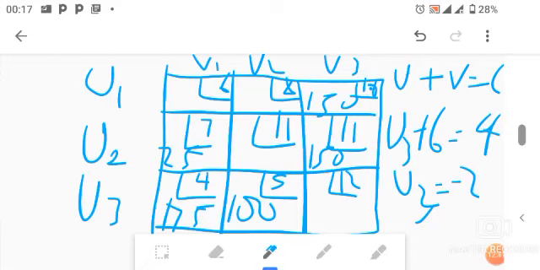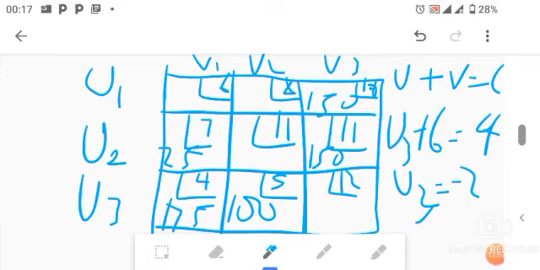We are finally left with only one, which is the value of v2. v2 is not yet known. So how do we get v2? Of course, our focus is on boxes that are allocated. v2 corresponds with that box which is allocated in the line of u3.